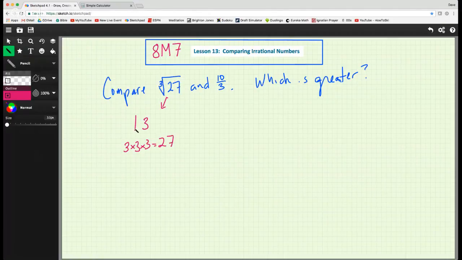So the cube root of 27 is 3. And we know that 10/3 is 3 1/3, which is greater than 3.